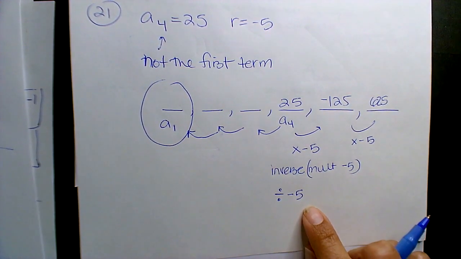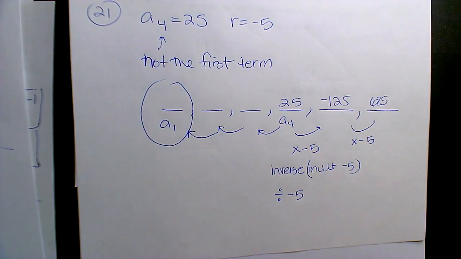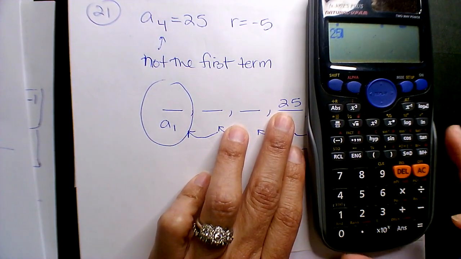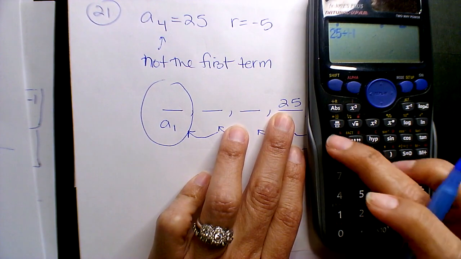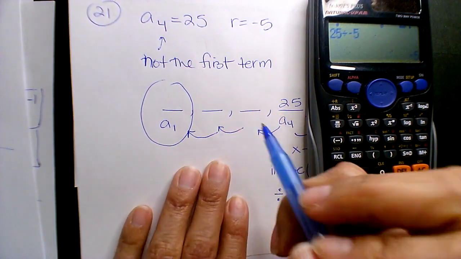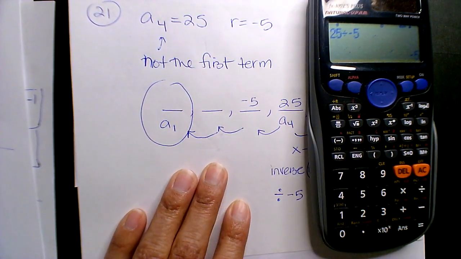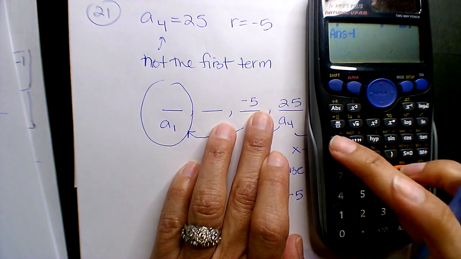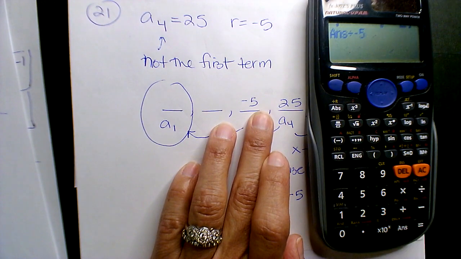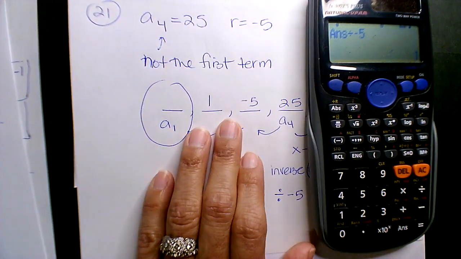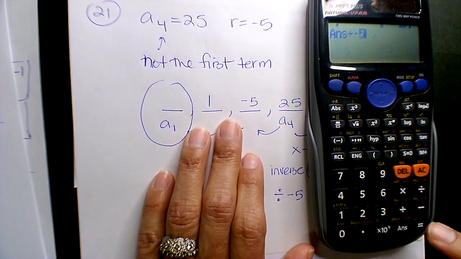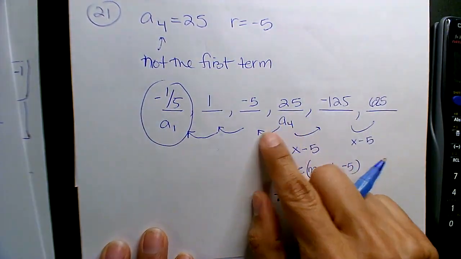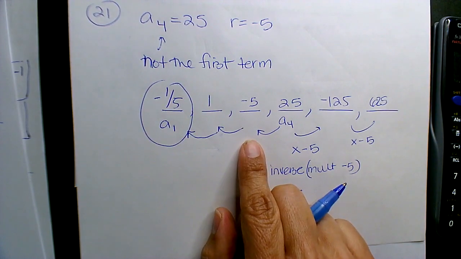And if you're happy with that, you would say 25 divided by -5, and you would get -5. And then -5 divided by -5, and I get 1. And then 1 divided by -5, and you get -1/5.